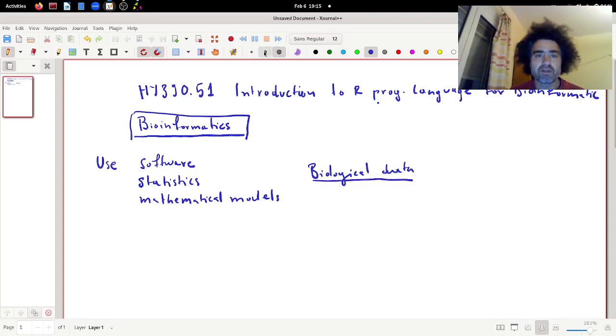So specifically for biological data, what this course will be about will be genomics. Either DNA sequences or gene expression data.